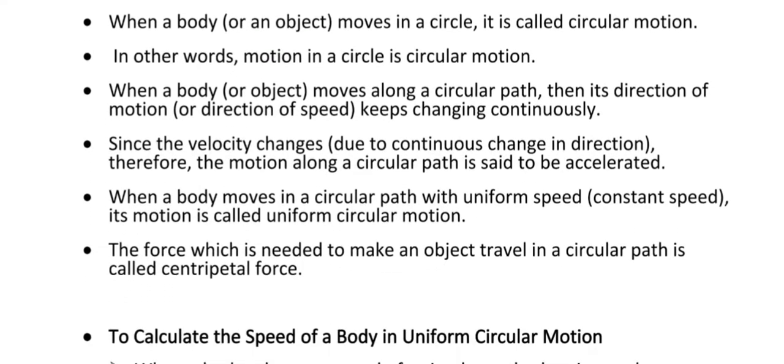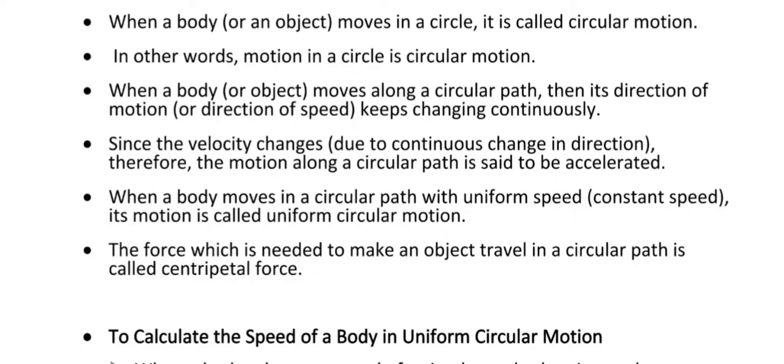And we have come to the last topic of this chapter, that is uniform circular motion. What is uniform circular motion? When a body is moving in a circle, it is called circular motion. Along a circular path, its direction is continuously changing.